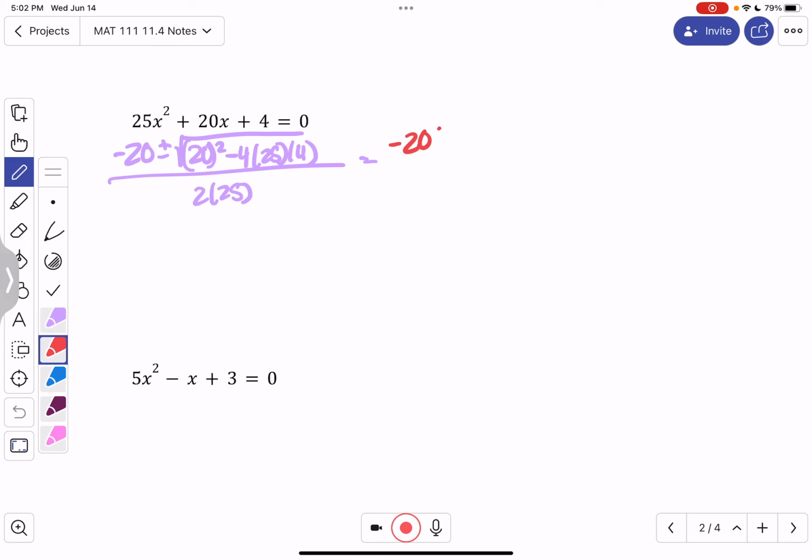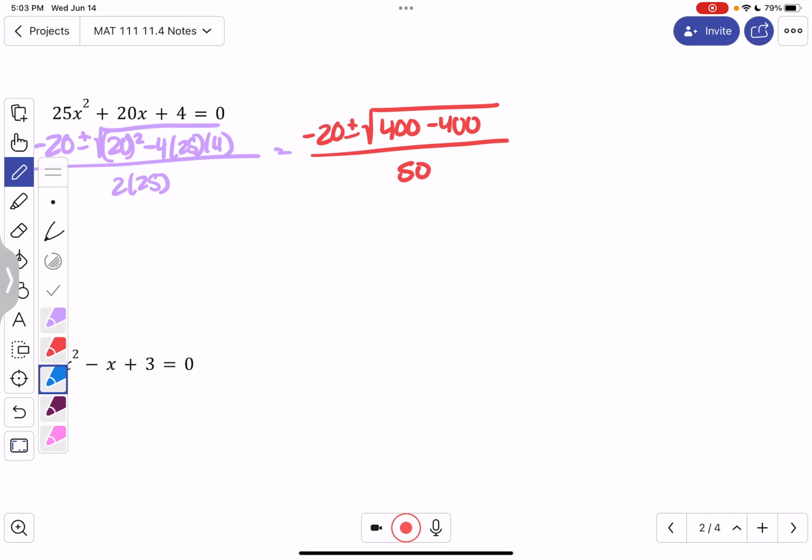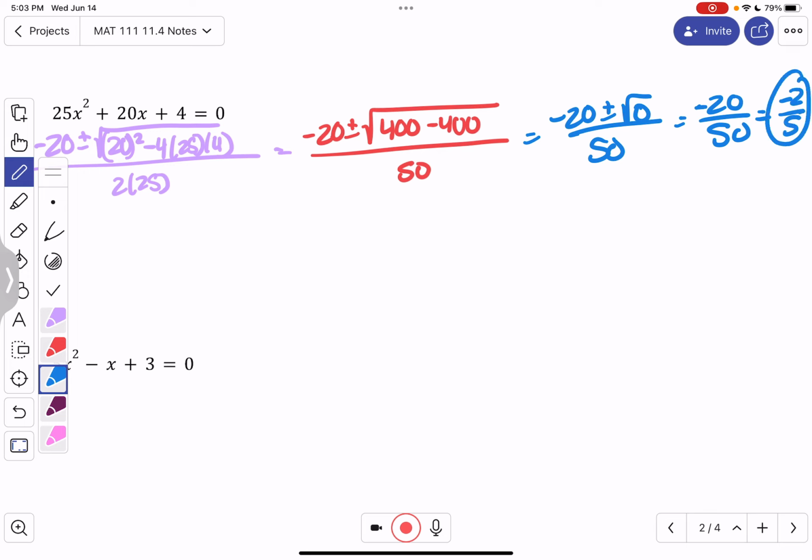Well, 20 squared is 400. 4 times 25 times 4 is 400. 2 times 25 is 50. 400 minus 400 is 0. Square root of 0 is 0. So we're left with negative 20 over 50, which gives us negative 2 over 5. If you had typed it straight in there, you would have gotten negative 0.4.